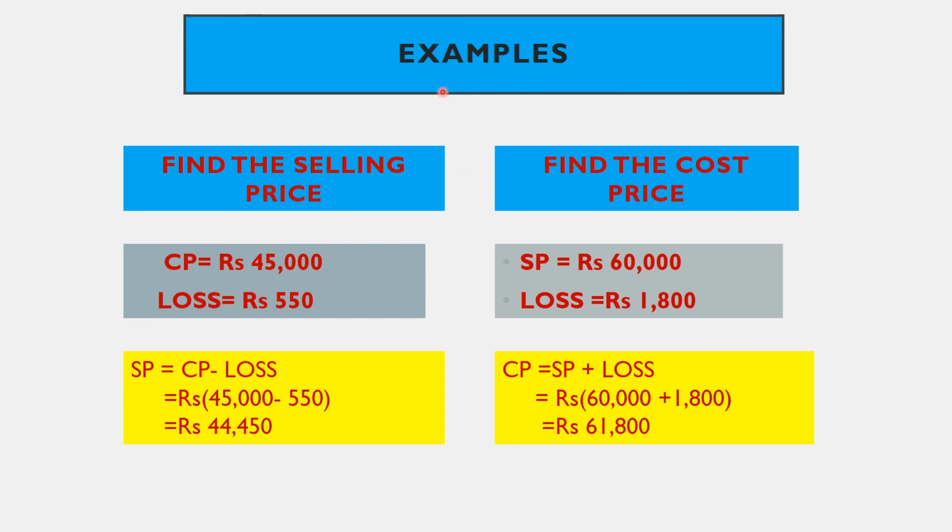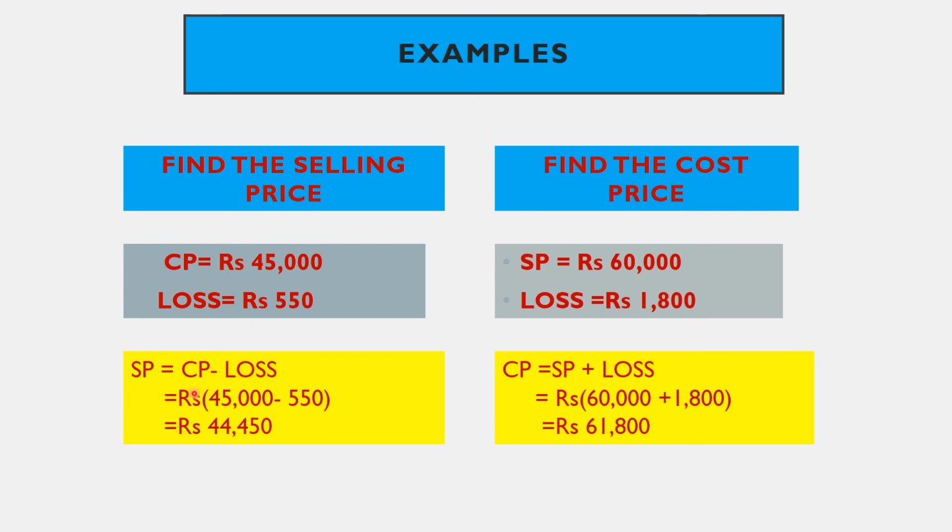Now see the examples when loss is given, right? Find the selling price. Cost price is given as rupees 45,000 and loss is given as rupees 550. Now selling price is equal to cost price minus loss. When you are having a loss, selling price will be less. So you are subtracting something from the cost price, right?